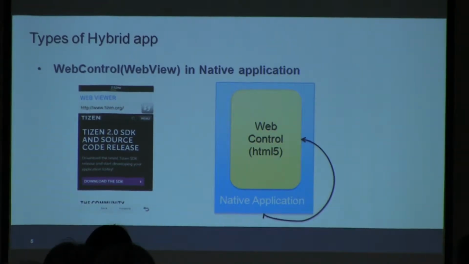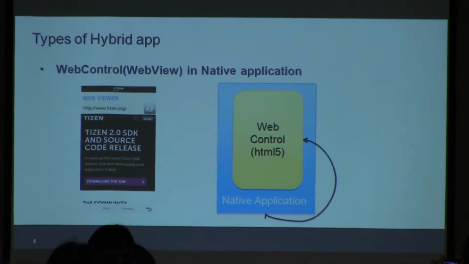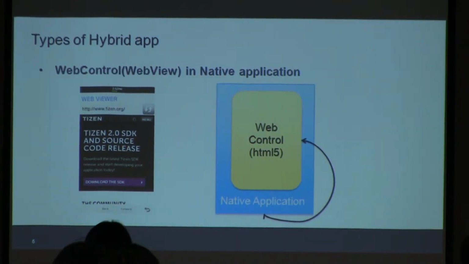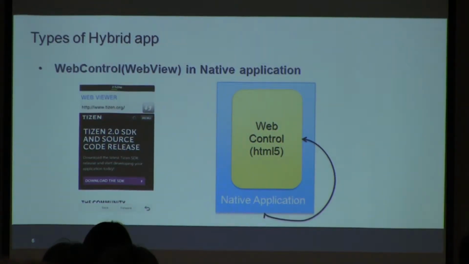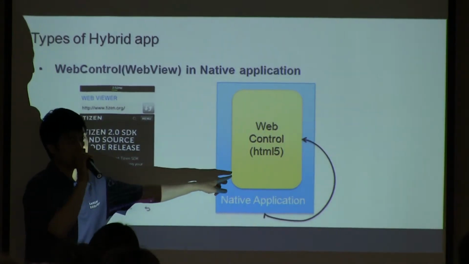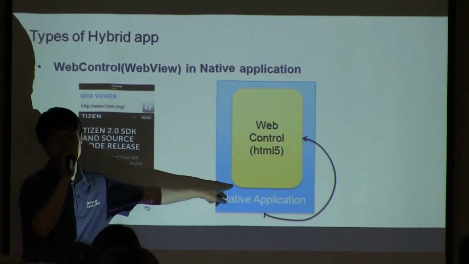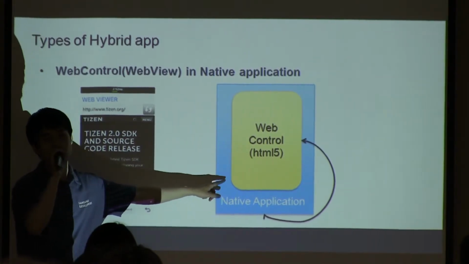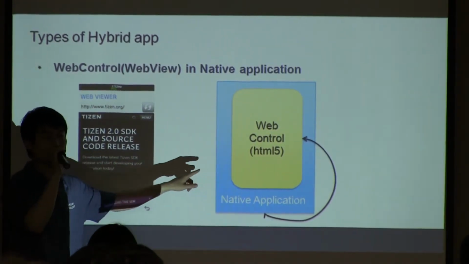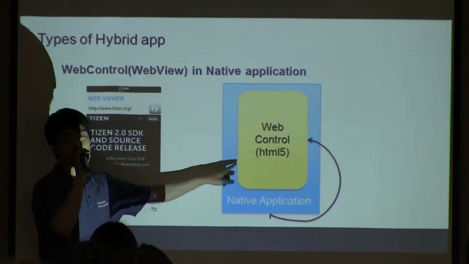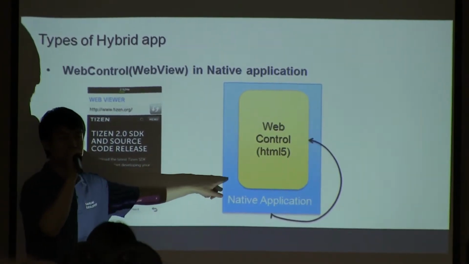Hybrid also has some approaches like this. Firstly, this is introducing the web control, the web view approach. Here you can see that inside a native application you can put a web view or web control, which is like a browser. So you can put your HTML5 code or JavaScript as in a web application.